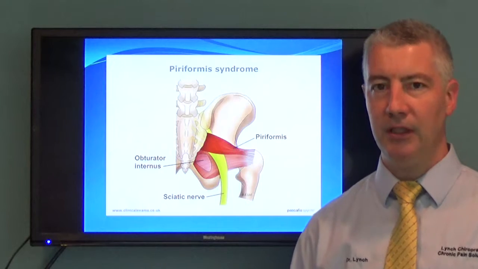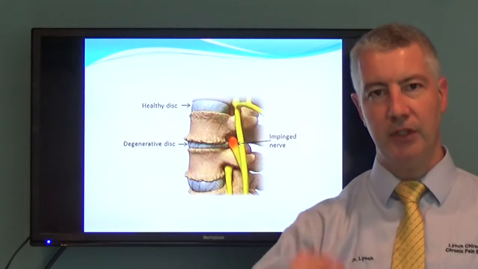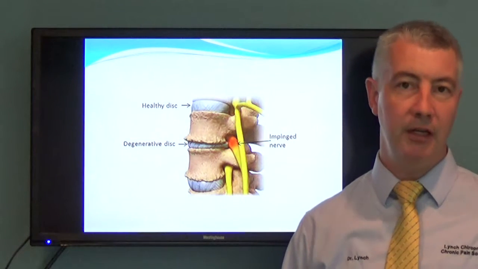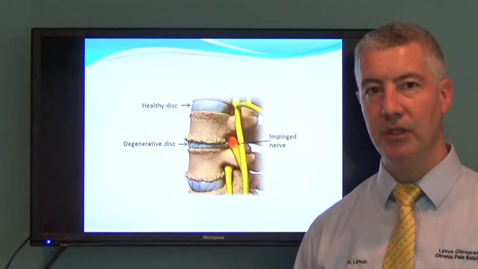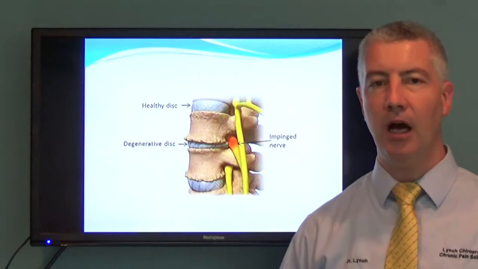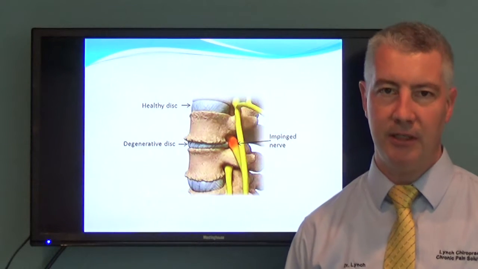But what we frequently see is spinal misalignment at those vertebral levels above it. So at L3, L4, and L5, if those vertebrae become out of position, what can happen is it can press that disc up into that nerve root, causing that nerve to be irritated.